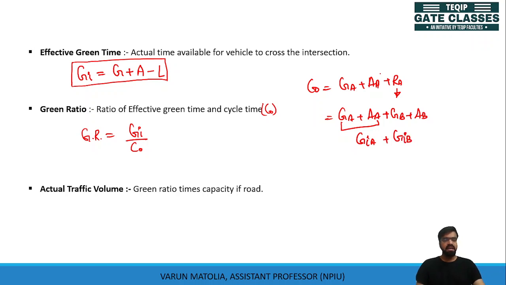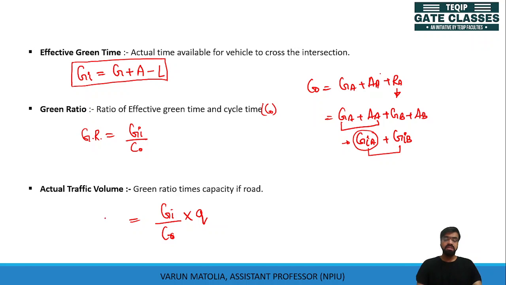If we want to calculate the actual volume passing through the section in your effective time GI, so this is the total time which is allowed in the section. From A direction, the proportion of green time is given as GI by C naught. You can write it as GIA plus GIB into your traffic volume or traffic capacity.